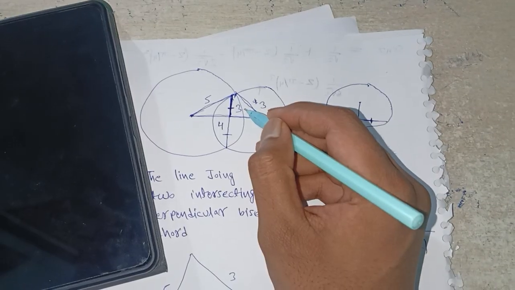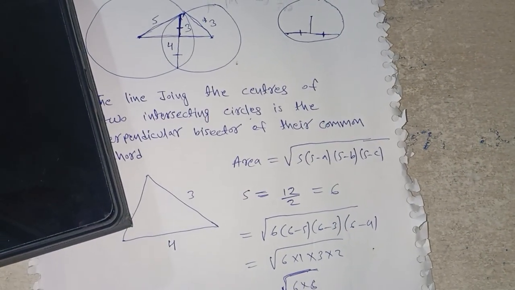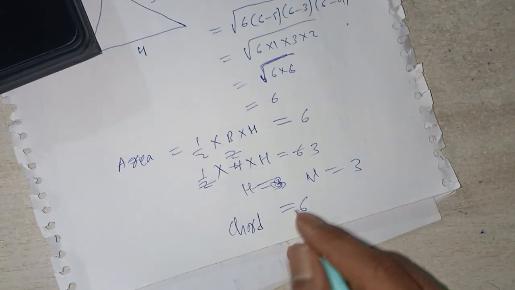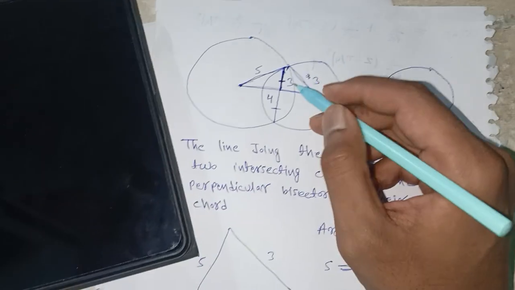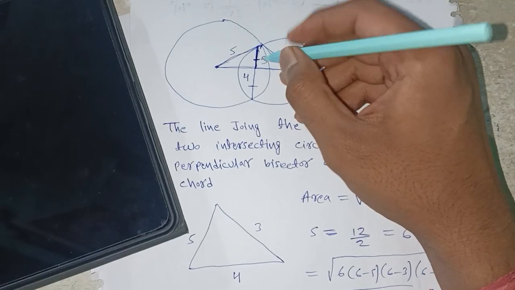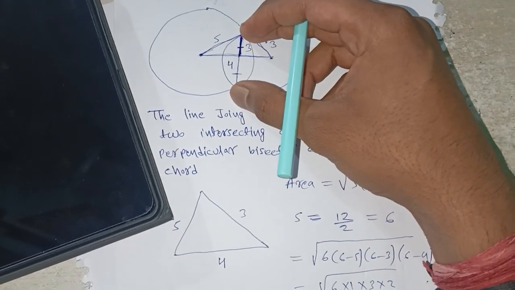Now if I do twice of 3, I will get 6. 6 is the chord. Why did I do twice of this 3? Because we have to find the total length of this common chord, and this is 3, so the total length will be 6.